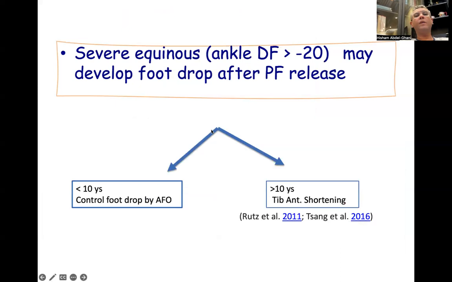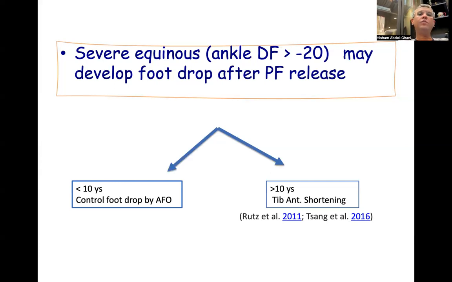Sometimes the patient comes with neglected equinus deformity, with severe plantar flexion deformity and severe shortening of the plantar flexors. In these cases, the tibialis anterior is overstretched. If the patient is younger than 10 years, after releasing the plantar flexors the tibialis anterior may regain its power of dorsiflexion of the ankle.